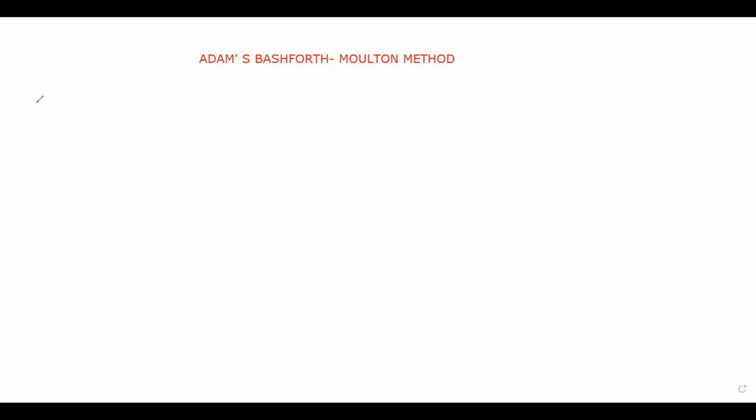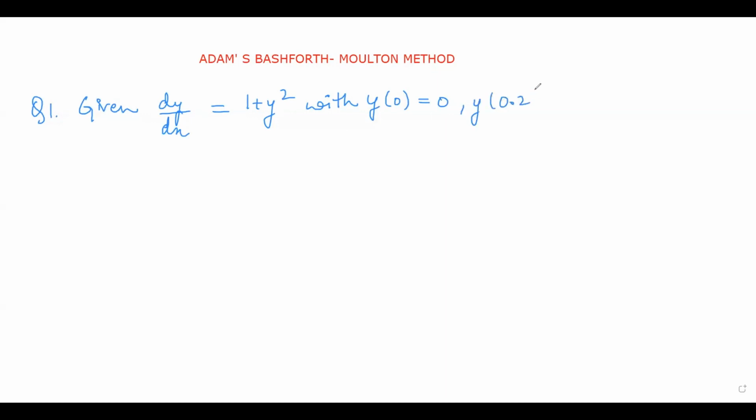So let me just write the question here. We are given the IVP, that is dy by dx is equal to 1 plus y square, with y at 0 is equal to 0. y at 0.2 is 0.2027.